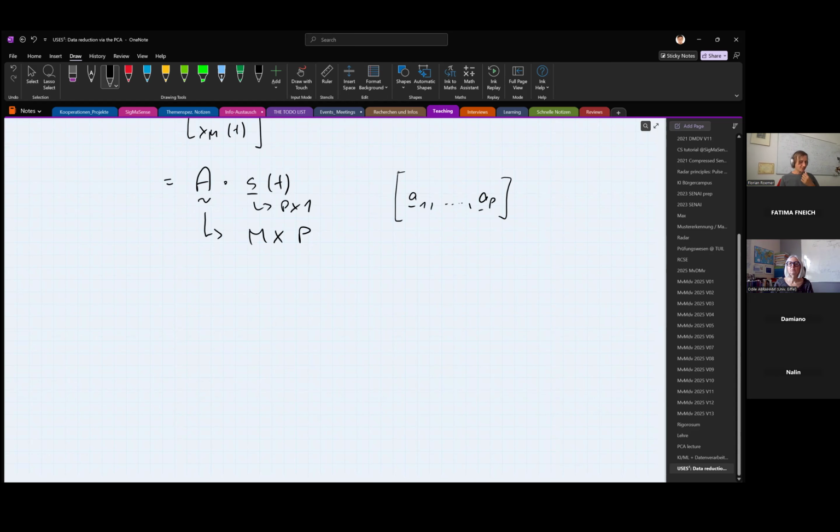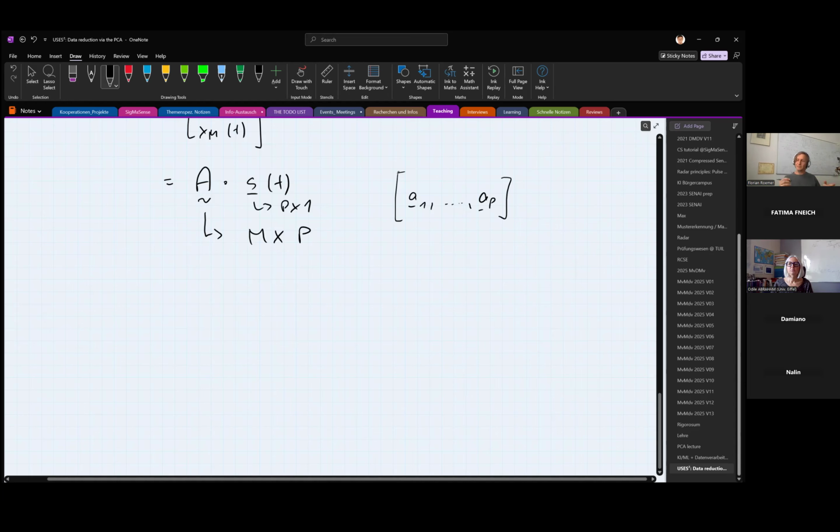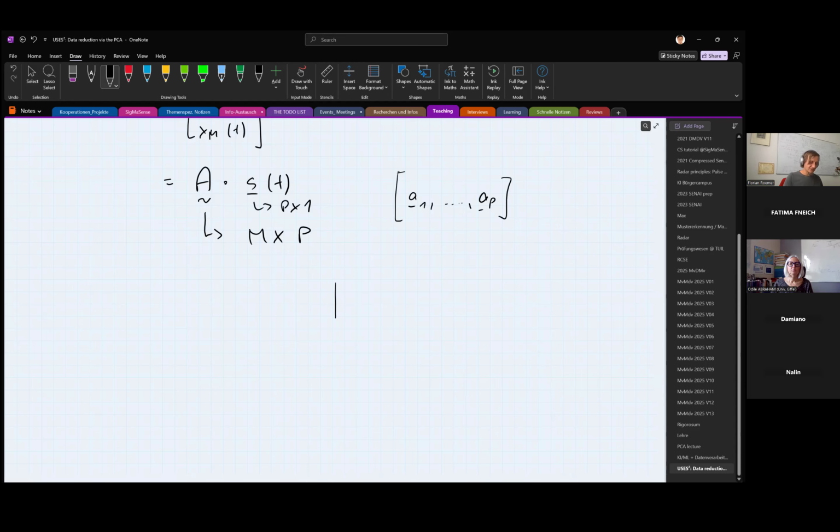So what it means is that in the whole R^m, which is the big space, there must be some p-dimensional subspace where the data lives. And any vector outside this linear subspace is not plausibly explained by our model, so it can't be part of the data.